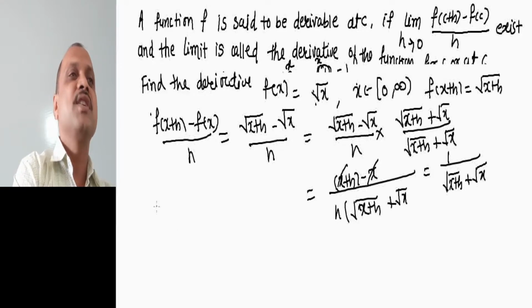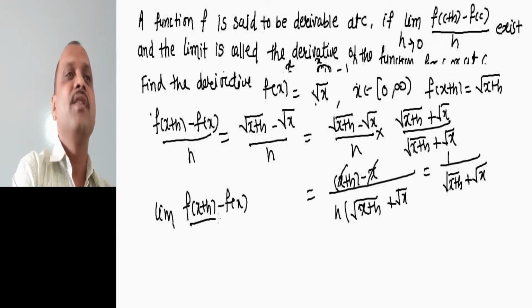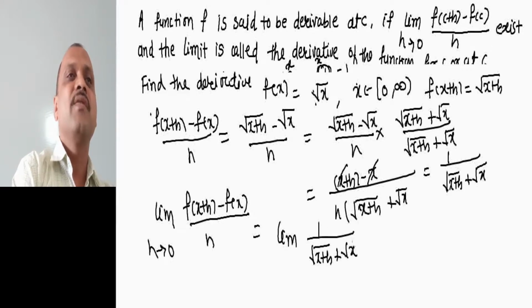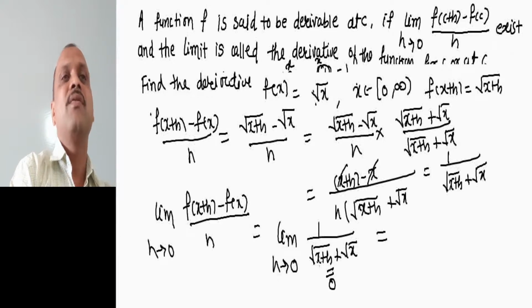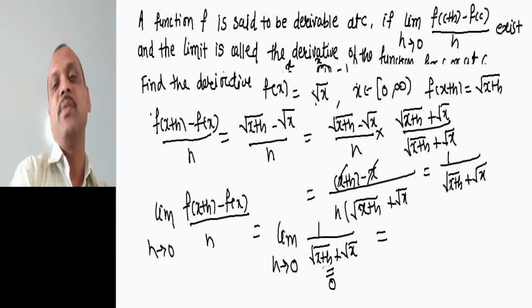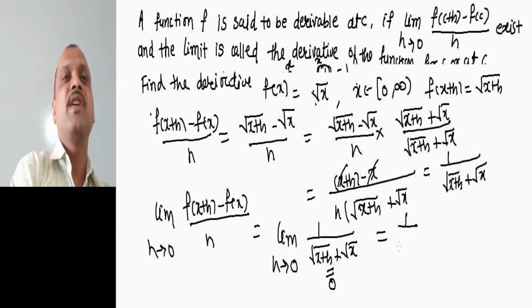Now let us take the limit of this function. Limit of f of x plus h minus f of x divided by h, h tends to 0, that is limit of 1 divided by under root of x plus h plus under root of x, h tends to 0. Now let us put h tends to 0, then under root of x plus 0 will be under root of x, and there is no h in the other term, so it remains under root of x.